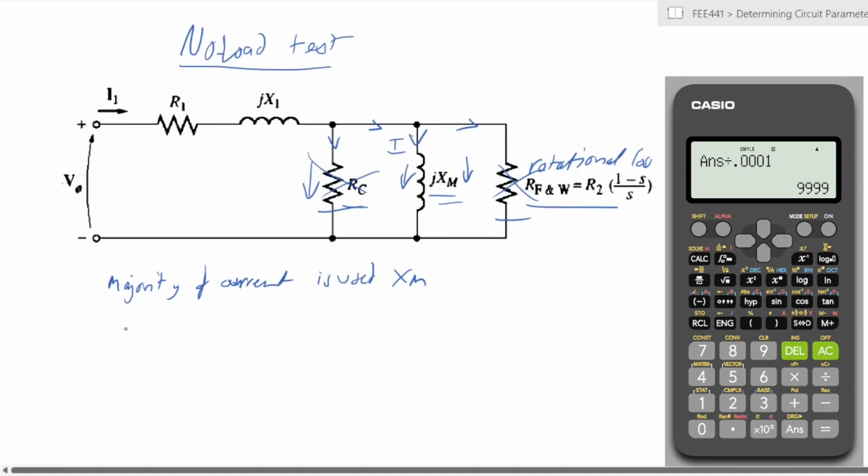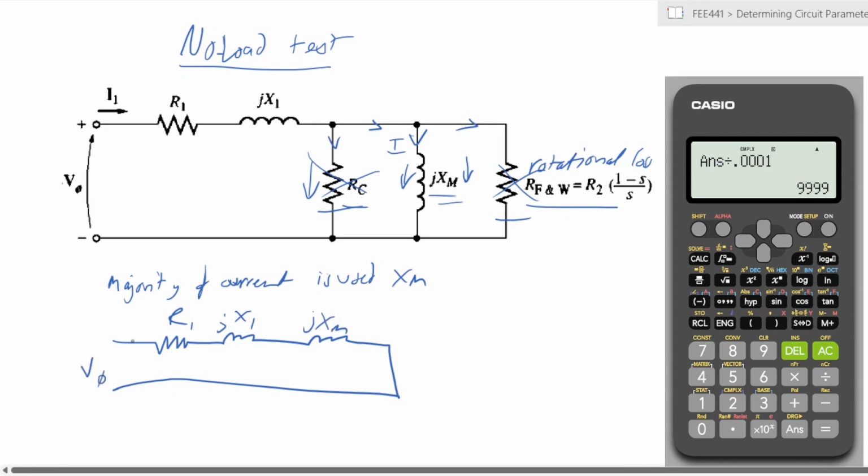Also, if we were to look at the circuit once again, the circuit that we have remaining, where we have these three components, R1, X1, and XM, and this is our phase voltage, and you have a current flowing through, a test current and a test voltage. What are the voltage drops across each of those?